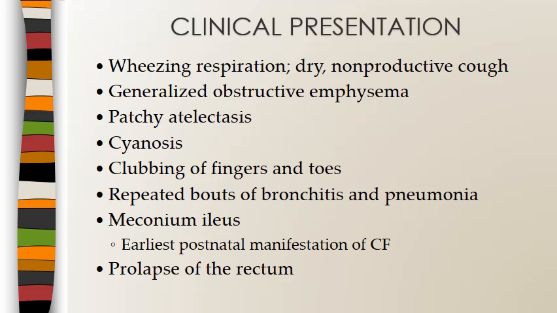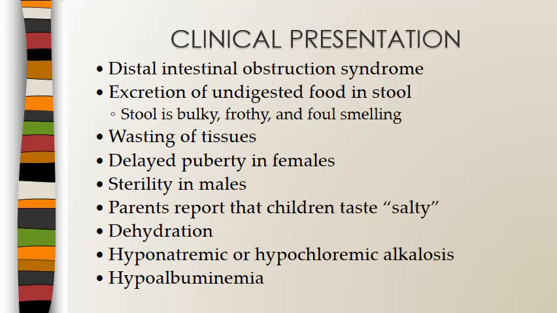And then we also may see them present with a prolapse of their rectum due to obstruction within their bowel. So they also might have intestinal obstruction syndrome due to the thickness of the secretions.